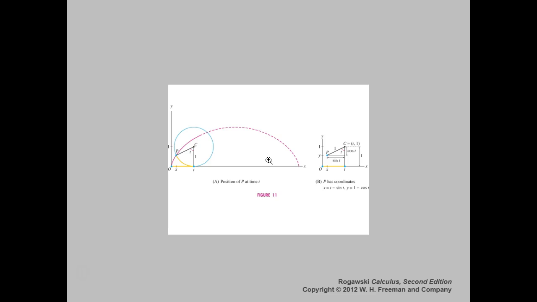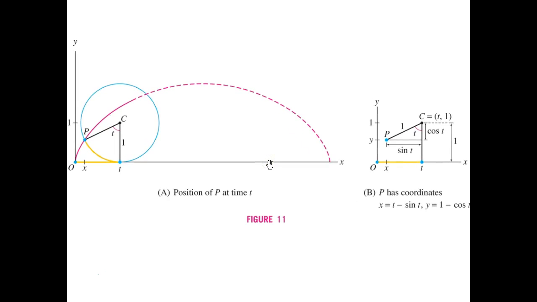I think I've got it, okay, there. Okay. This is going back to the unit circle one. Not really a unit circle, but a wheel, or a circle with a radius of 1 that's rolling along here.